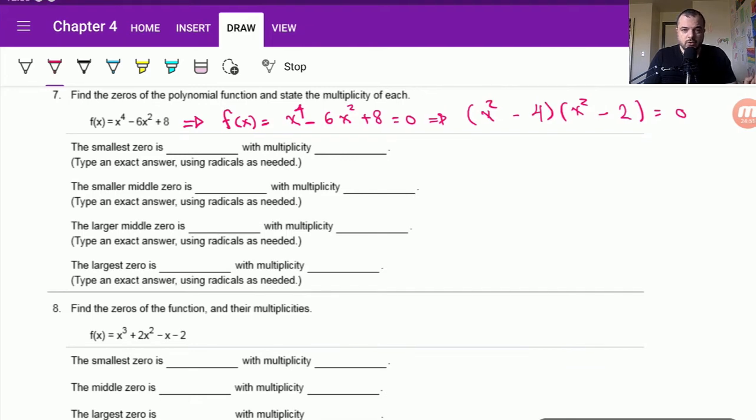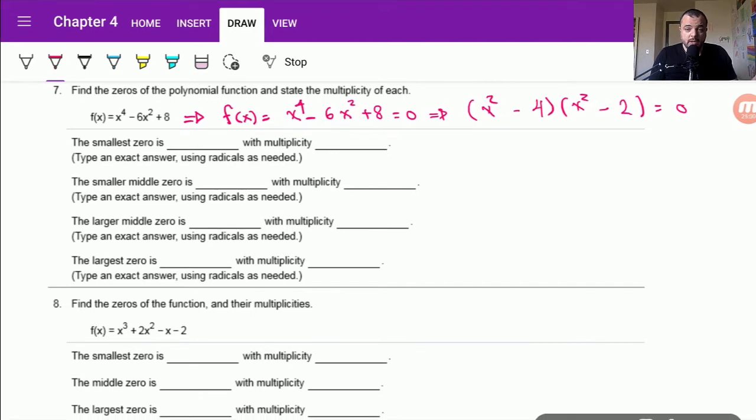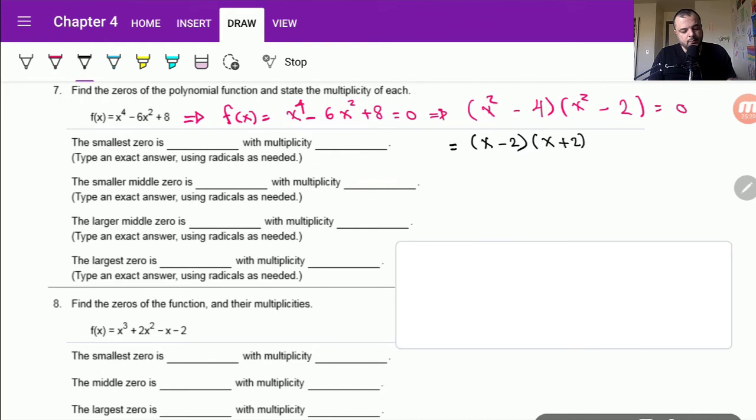Then I'm going to factor again. How do you factor this? The first one is a difference between two squares. Further factoring, it's going to be x minus 2 times x plus 2.